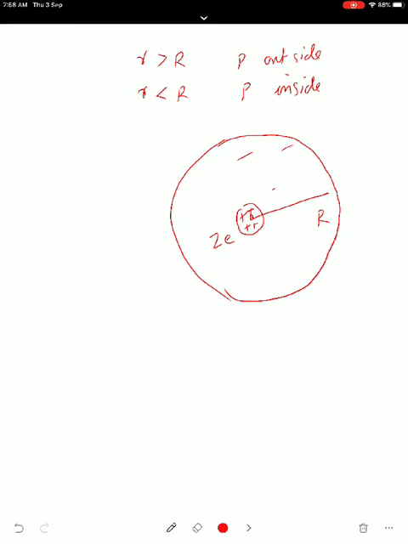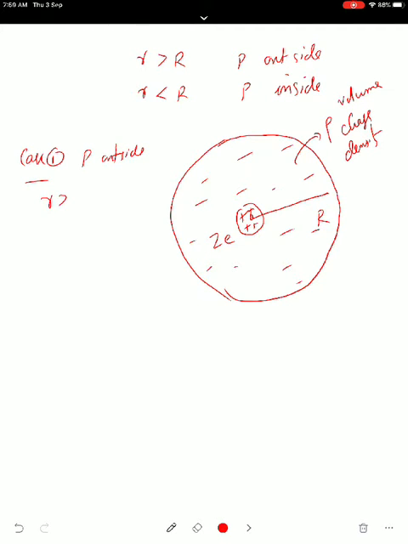The negative charge is spread up to a radius, so it has a volume charge density rho. We want to find the electric field at a point outside. The atom as a whole is neutral, that is given to you. So take case 1, the point P outside the atom, so small r is greater than capital R.